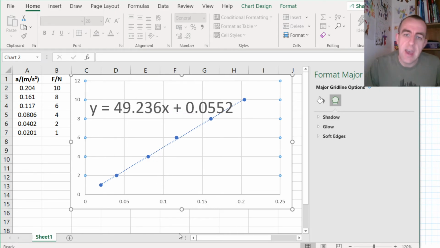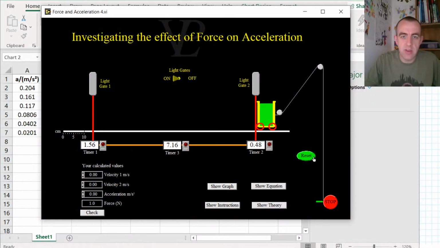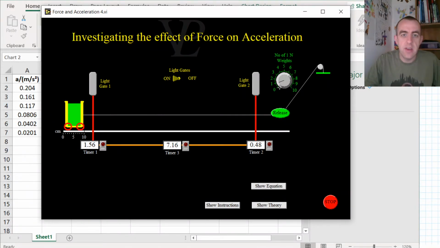Now, we added a kilogram, or near enough a kilogram, onto our car. If we have a look at the simulation again, when we had all 10 newtons suspended over the edge, there were no weights in the car. When I had just 1 newton hanging over the edge, the rest of the weights were all over here in the car.